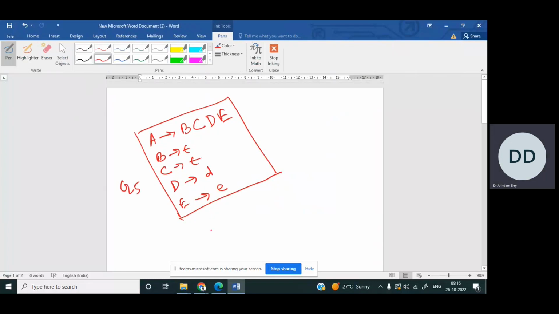Now, if someone asks you to find the first of A, then definitely you will look through the first of B. But first of B is generating epsilon, that means you cannot consider the epsilon, so you should approach C, whether you have any terminal values or not.